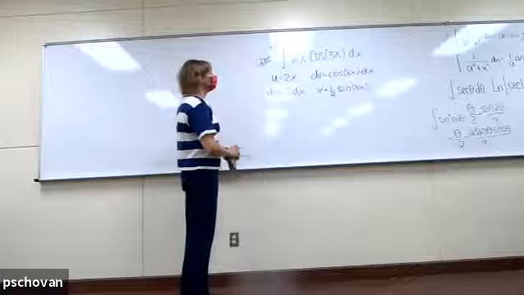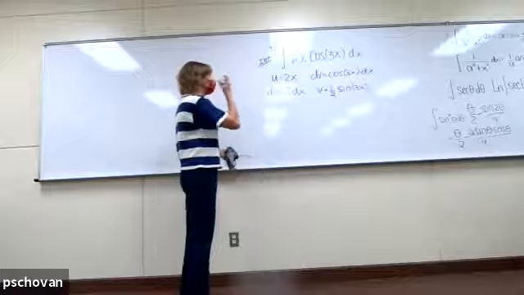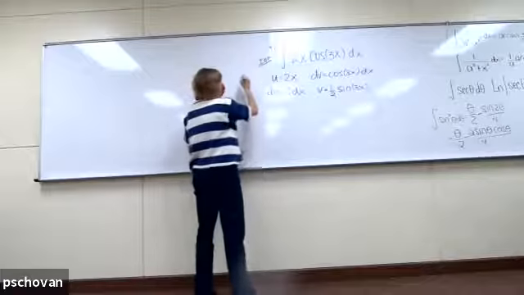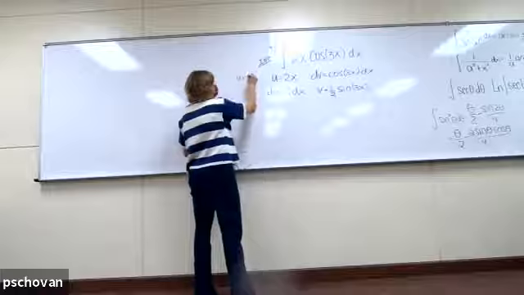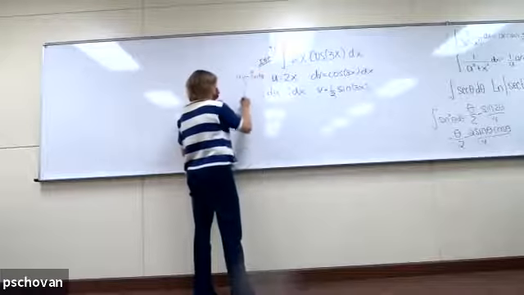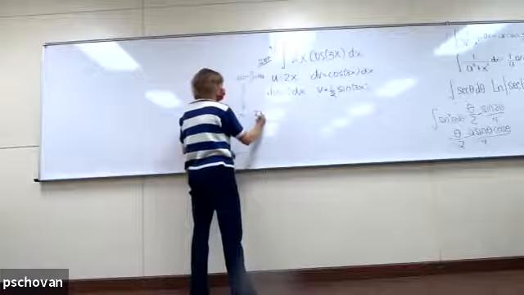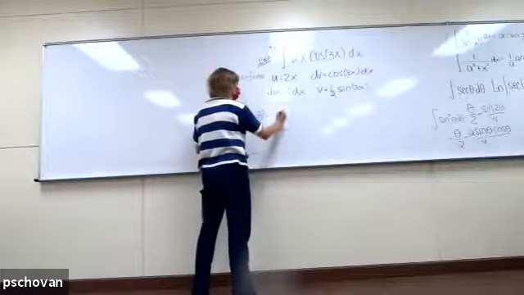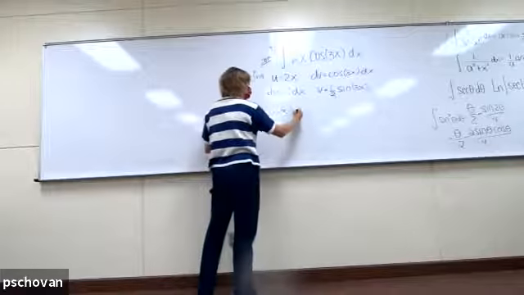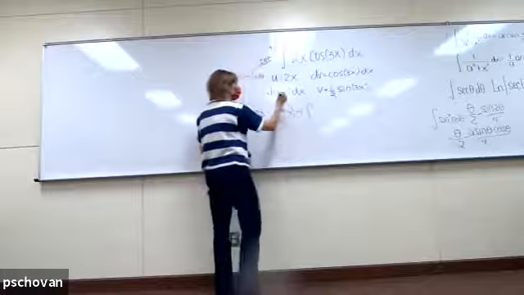And so now we do uv minus the integral of v du. So u times v gives me 2x over 3 times the sine of 3x minus the integral of v times du.